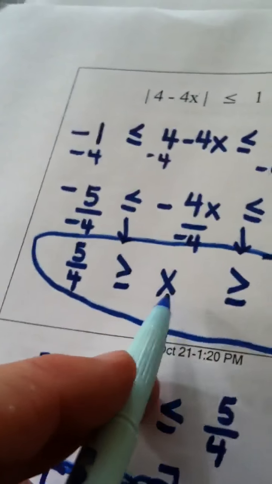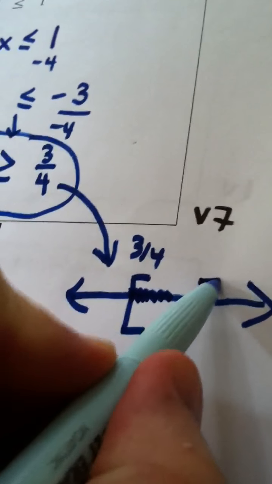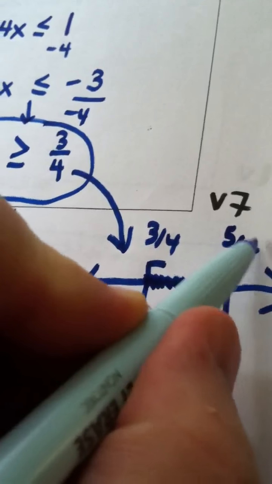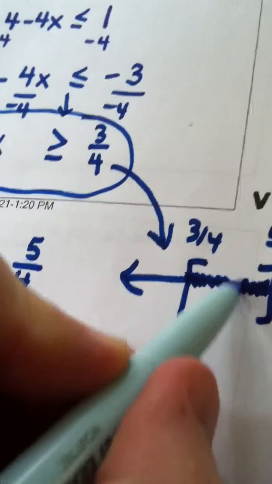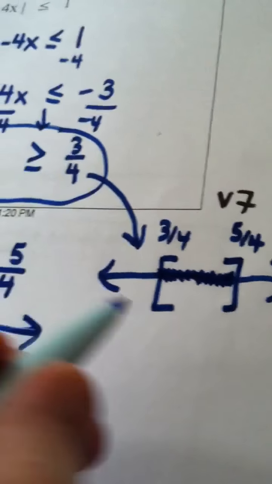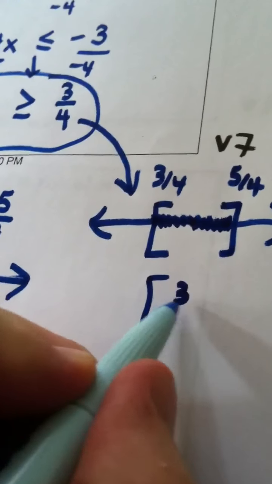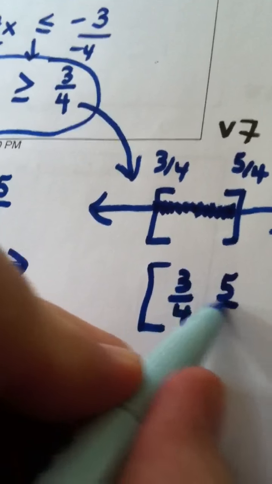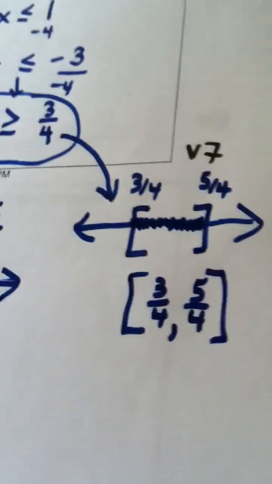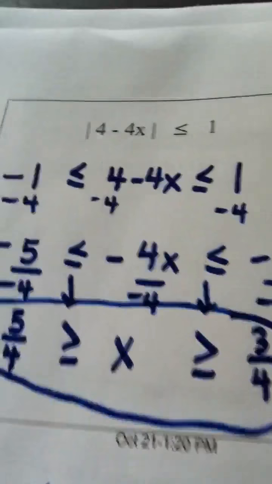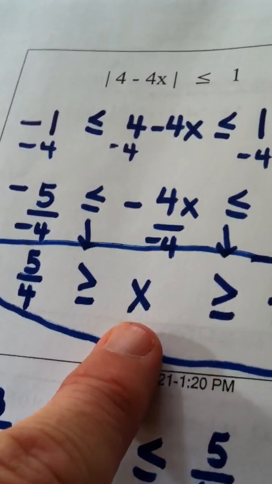Got me? And x is less than or equal to 5/4, so that means we have to be to the left of it, and they have to meet in the middle. And of course we come out with the very same answer. The key on this problem, always read from the variable.